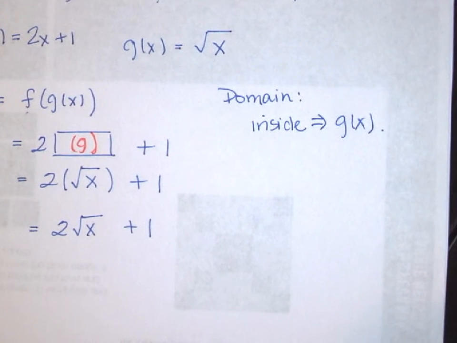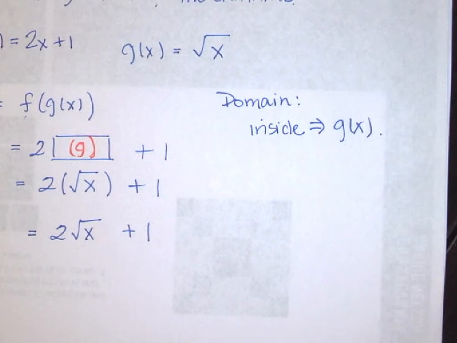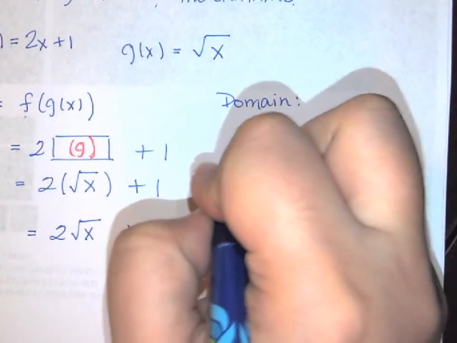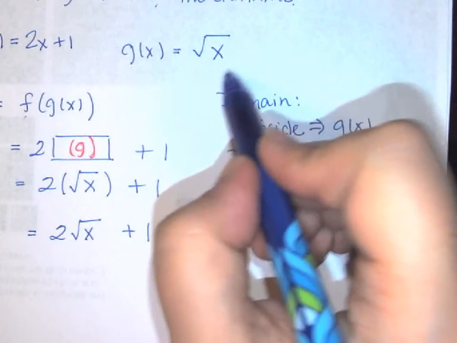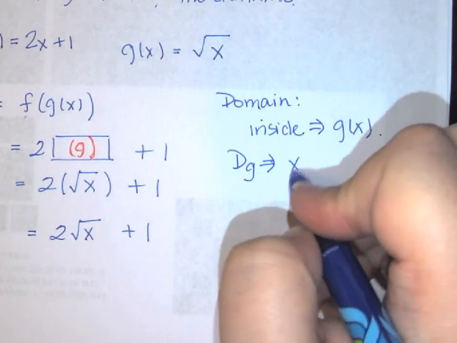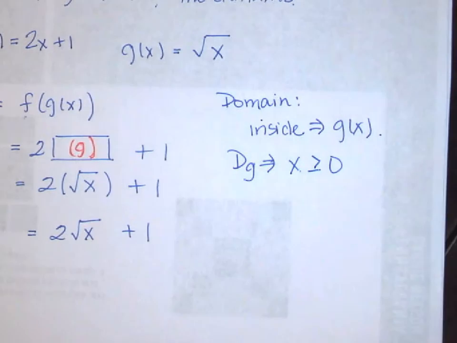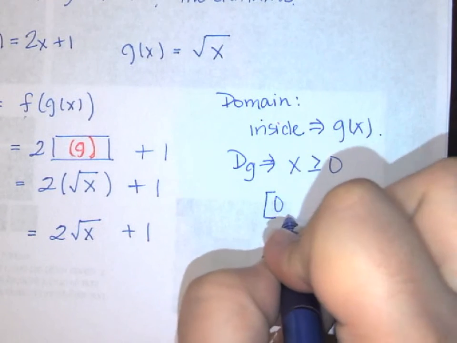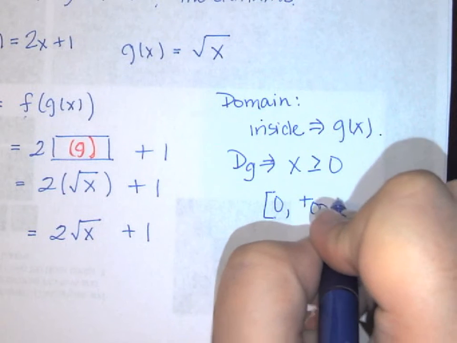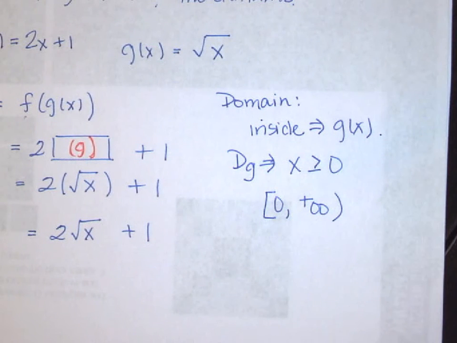And the rule of radical says the stuff under the radical must be greater than or equal to 0. So my domain of g is going to be the stuff under the radical, well in this case this is just x, and it has to be greater than or equal to 0. Therefore, we are looking at the domain where we go from 0 to positive infinity. My 0 has a bracket because it is included in its domain.